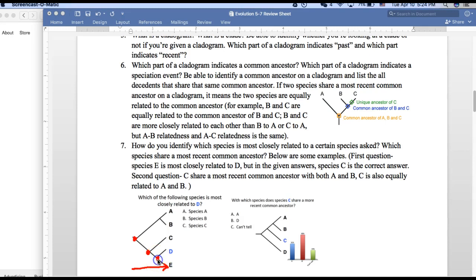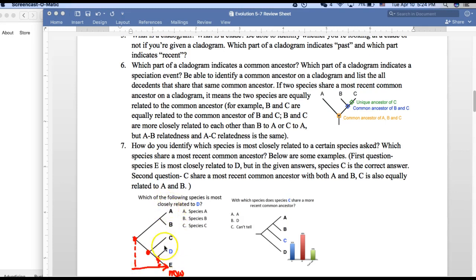It would be this one, because if you were to draw a dotted line from that to the timeline, this one is the most recent. I apologize for my bad artwork from clicking on the trackpad. And this will be the oldest, the most ancient common ancestor.